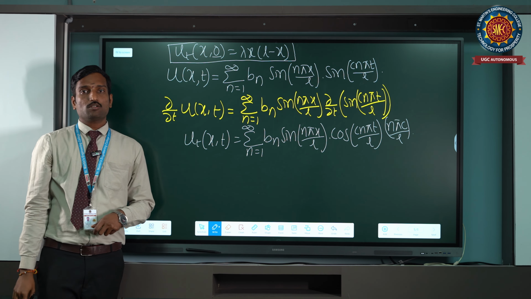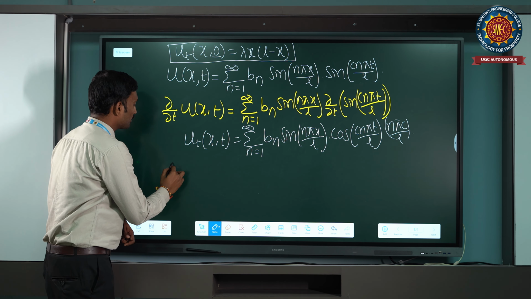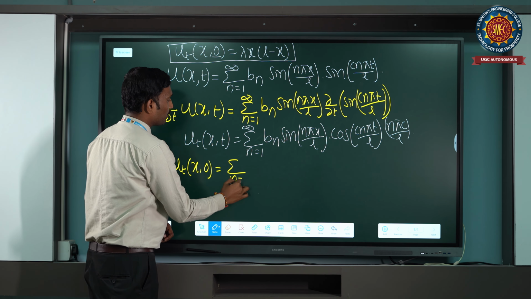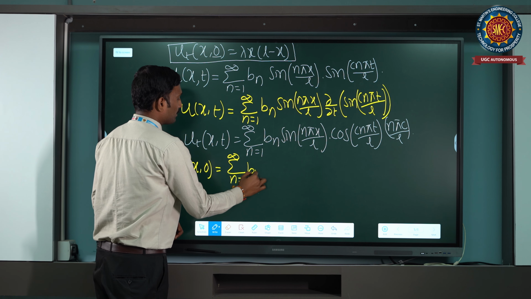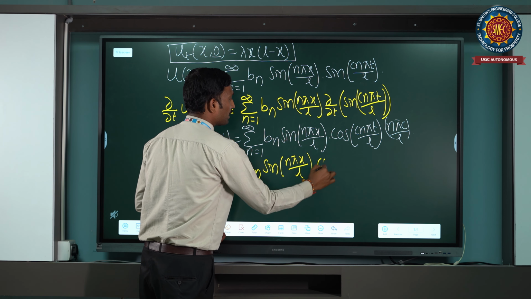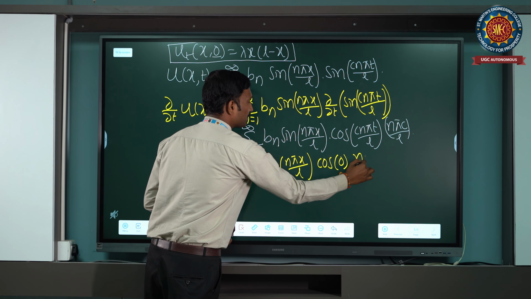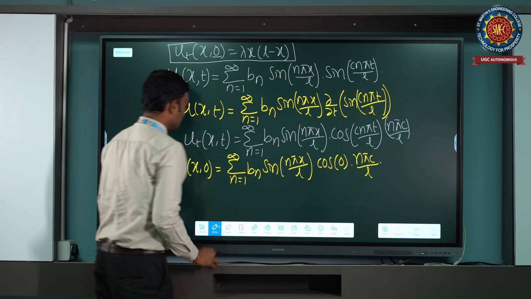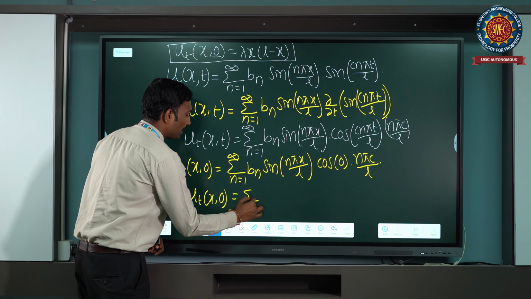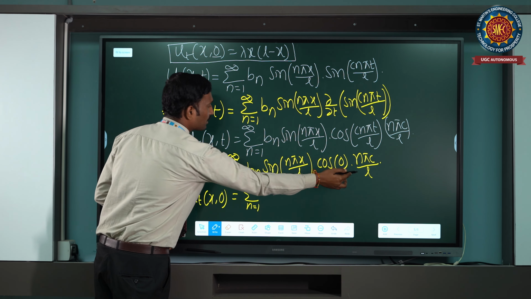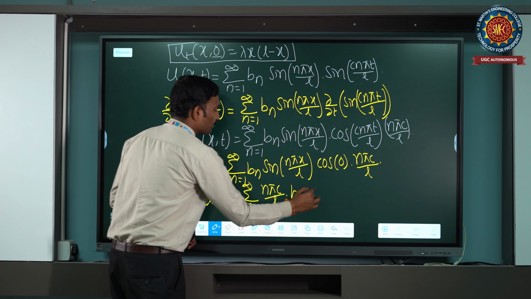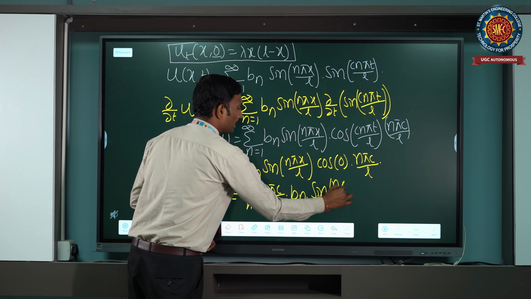By applying t is equal to 0 in the equation, we get ut of x comma 0 is equal to summation n is equal to 1 to infinity bn sine n pi x by L into cos 0 into n pi c by L, which is equal to ut of x comma 0 is equal to summation n is equal to 1 to infinity. I am writing the constant before, that is n pi c by L into bn into sine of n pi x by L.